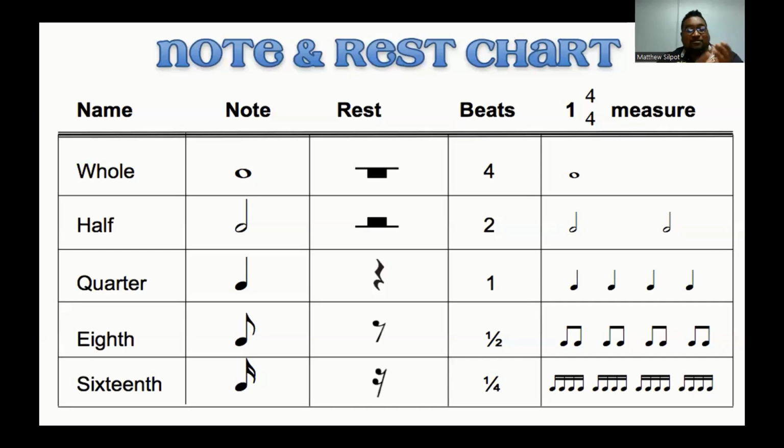Dumpling, dumpling, dumpling, dumpling, licky, licky, licky, licky, licky, licky, licky, licky. All right? And we can remember it that way if we can't remember all the counts. So these are a notation, and any combination that you see these notes, you should be able to clap them.